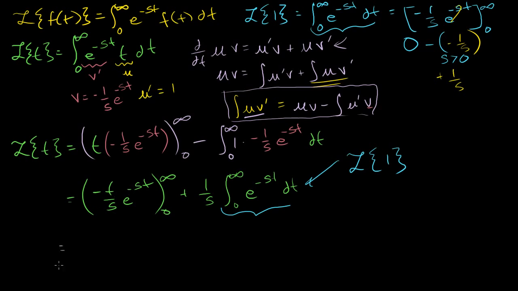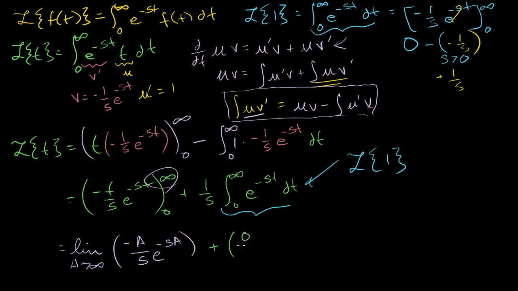So this is equal to the limit as a approaches infinity of minus a over s e to the minus sa. That's this evaluated at infinity. And then from that, we're going to subtract this evaluated at 0. So minus all of this, but we already have a minus sign here, so we could write a plus.